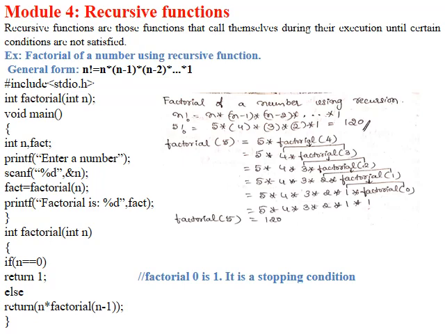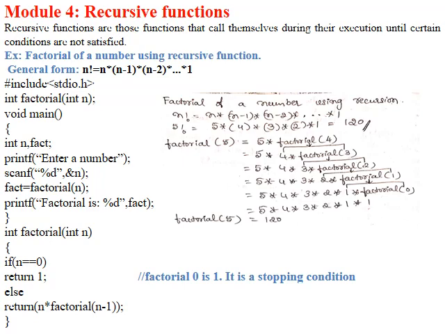Now int n comma fact. Since the factorial function accepts an argument and returns the result back to the calling function, I need a variable here to make a call to the factorial function. So that's why I have declared the variable fact, which is of integer type. Then I have to accept the number from the user, so I need a variable to store that.